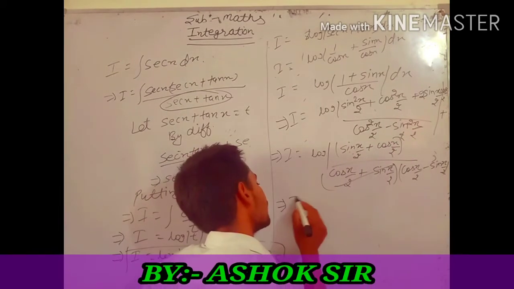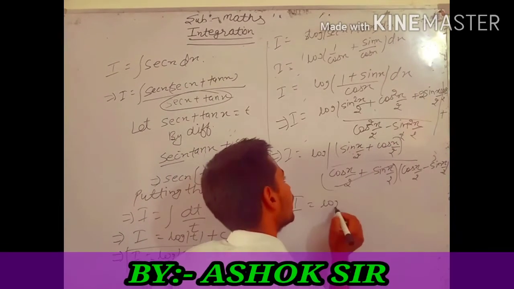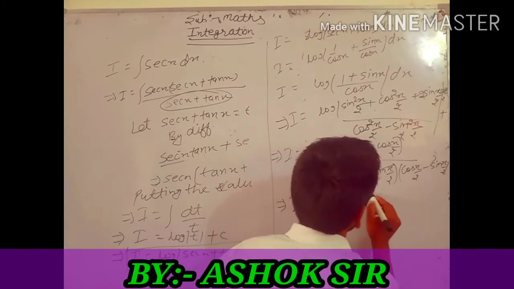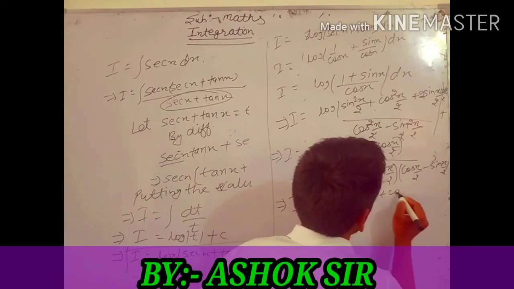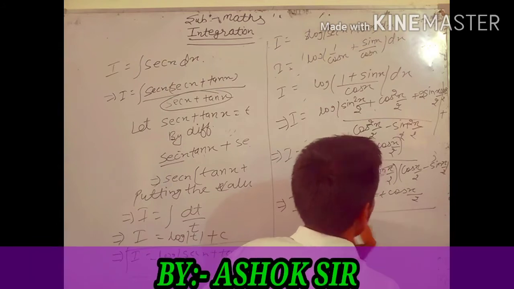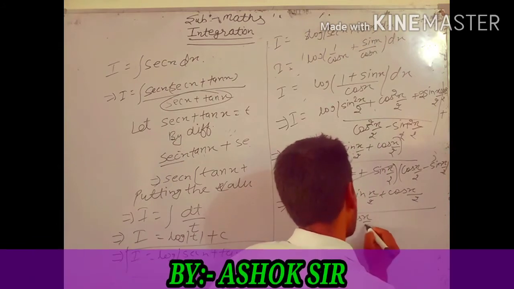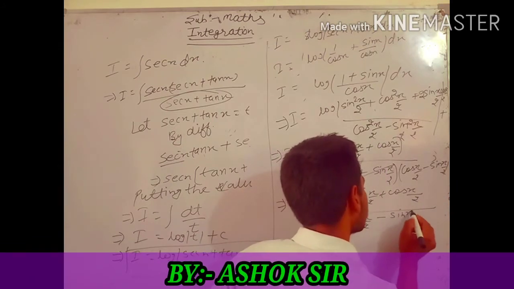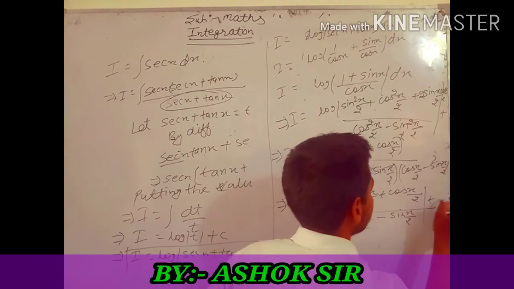Now the next step: I is equal to log sin x by 2 plus cos x by 2 upon cos x by 2 minus sin x by 2 plus c.